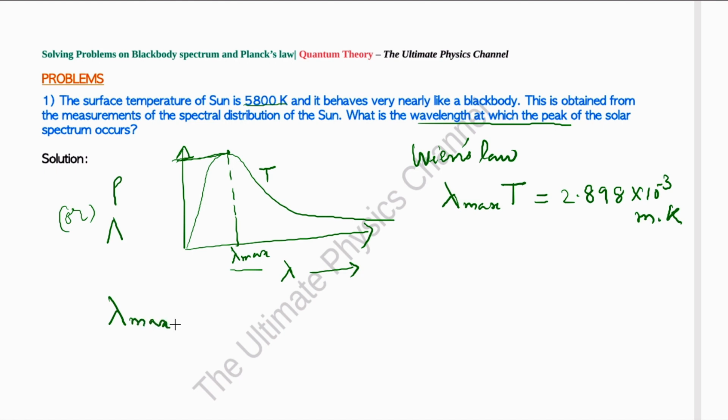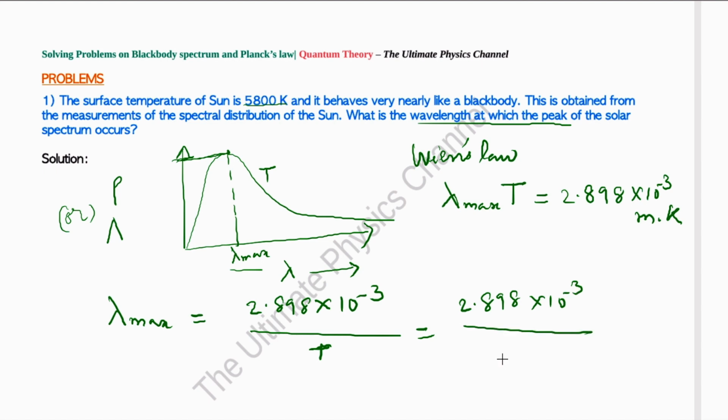Lambda max is therefore equal to 2.898 times 10 power minus 3 over the temperature T, and that is 2.898 into 10 power minus 3 over 5800 Kelvin.